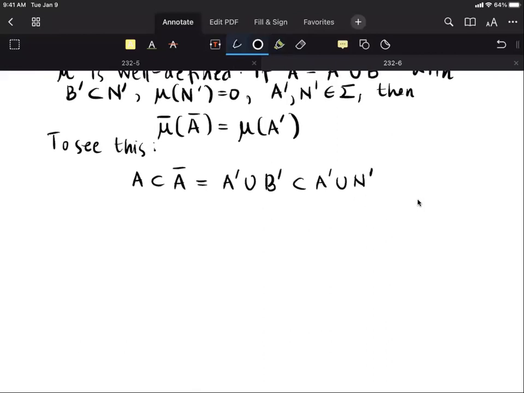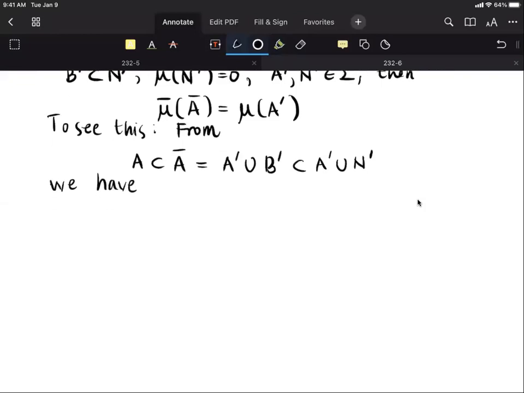Okay, so from this, we have, applying monotonicity and subadditivity of a measure, the measure of A is less than or equal to the measure of A prime union N prime due to this inclusion.